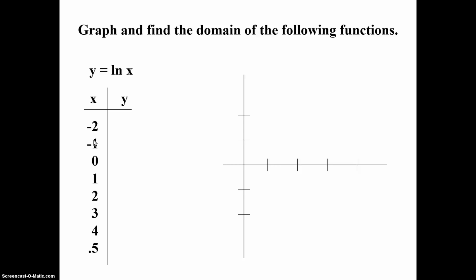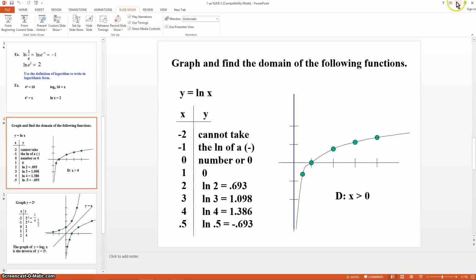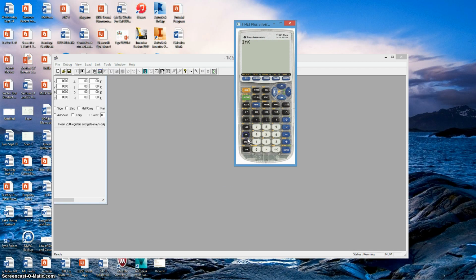So let's look at the natural log of -2. Type that in, and what do you get? I'm going to have natural log of -2, close my parentheses, and I get an error. It says error, non-real answer. So just go ahead and put error.